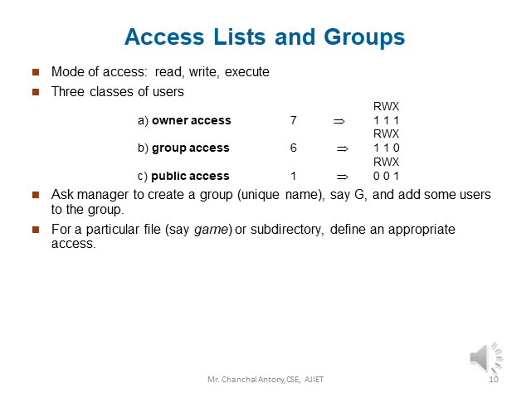If it is only write, the value will be 2, and if it is only execute, it will be 1. So if it is read, write and execute, it will be 4 plus 2 plus 1, which is 7. So the permission we are setting is 7. You will understand this part when you study Unix. If you set only read and write, the access is 6, and only execute is access 1.